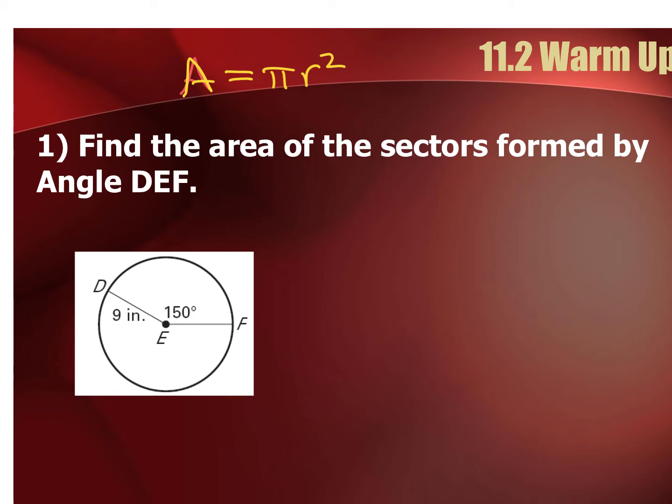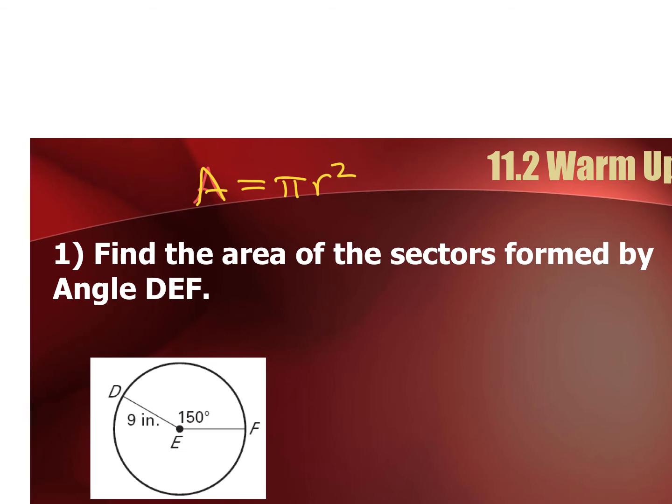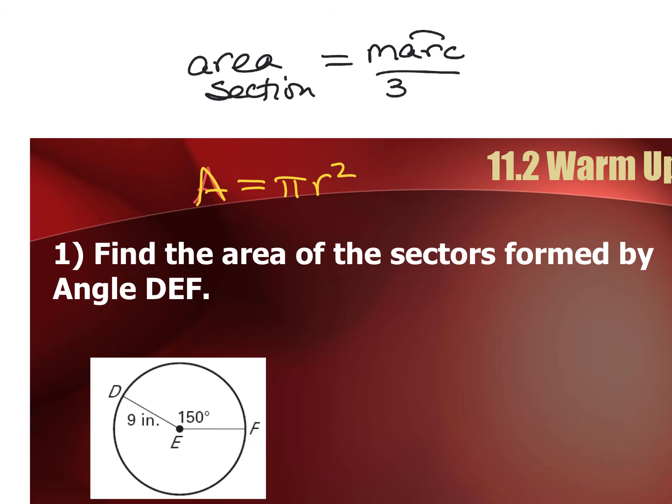The other formula that you had to memorize from this lesson is for the area of the sector, which is like the piece of pizza, and that's going to be the measure of the arc divided by 360 times the area formula.